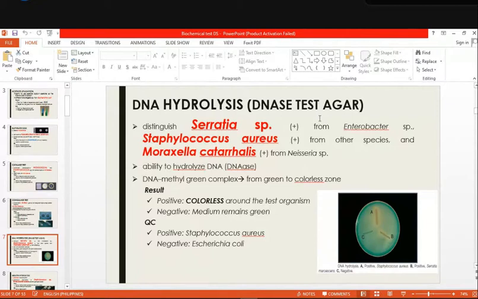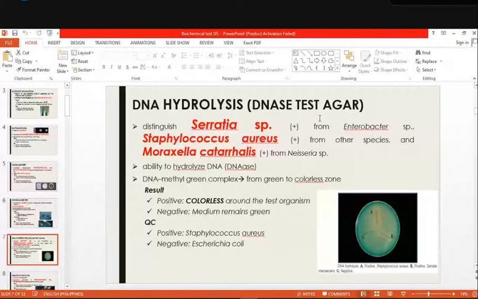So ano si DNA hydrolysis naman natin? We know now, di ba sabi natin kanina, when we're doing molecular testing, we have the genotype of the organism. So in here, DNases are enzymes that hydrolyze our DNA and release free nucleotides and phosphates.